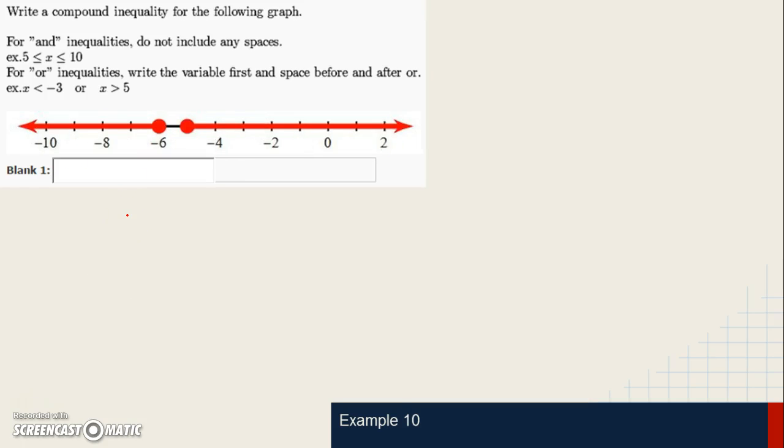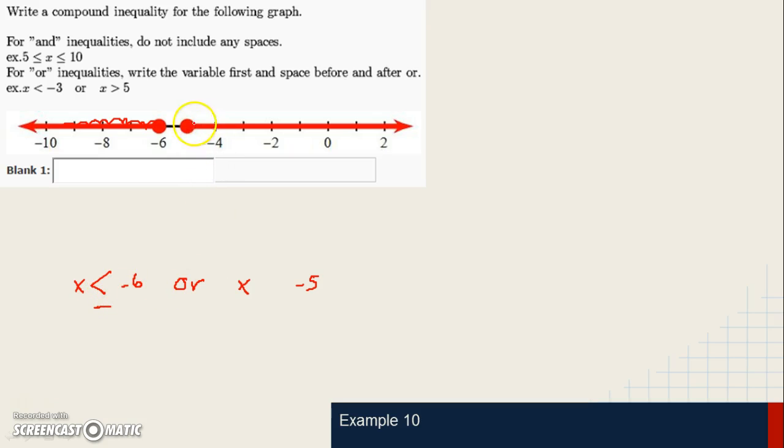Last example. Here we have a disconnected line, even though it looks like it's connected, so we know that it's an OR. And we know that x is negative 6, and x is, and that value is what? Negative 5. Okay? So if we look at our first inequality, we see that the values that are less than negative 6 are included since they're red. So we know that x is less than negative 6. And the circle on negative 6 is closed, so we know that this is an equal to.